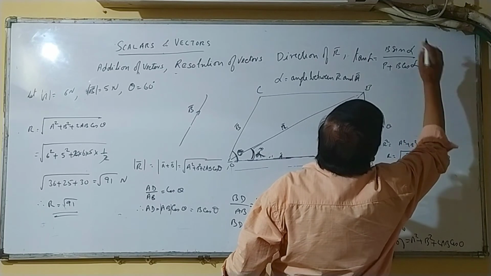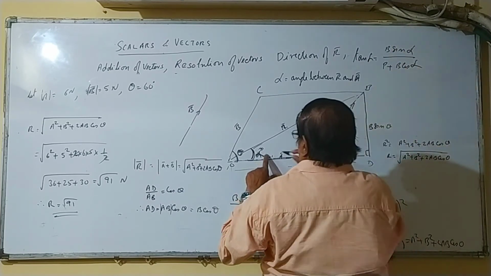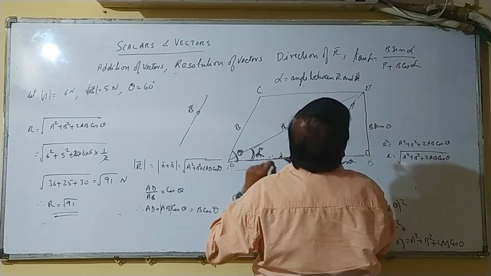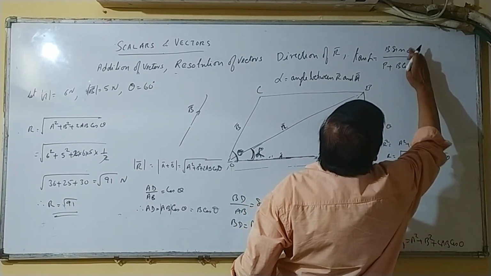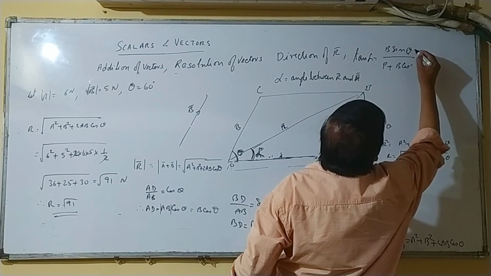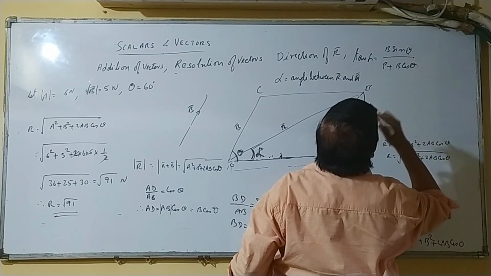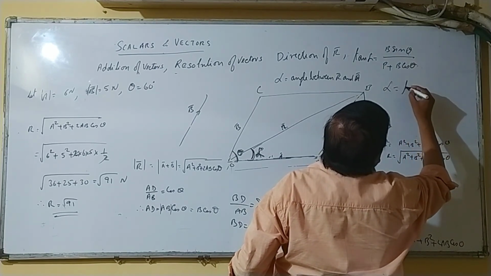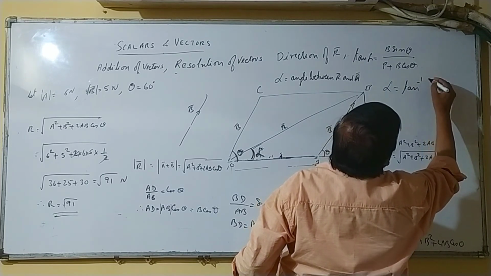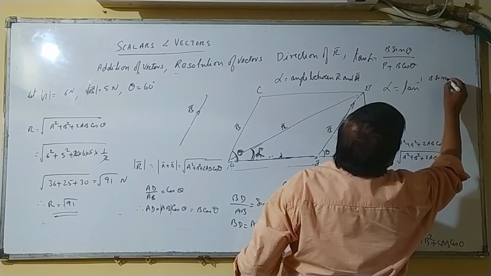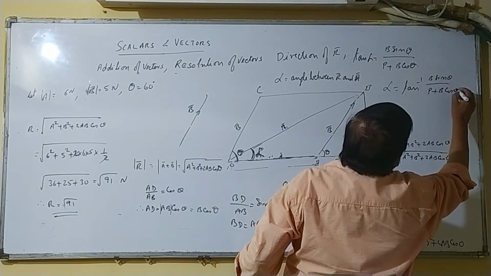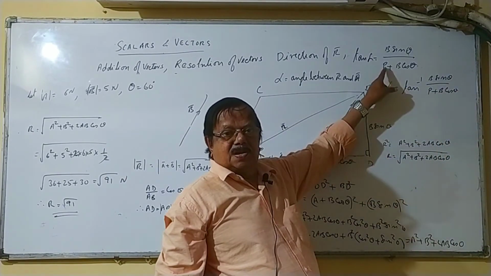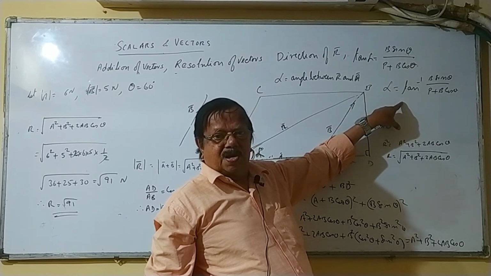Theta is this angle, so we have alpha equal to tan inverse of B sin theta upon A plus B cos theta. Is that okay now?